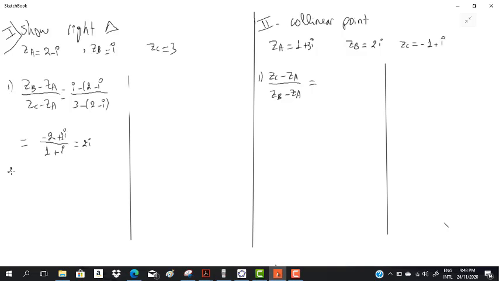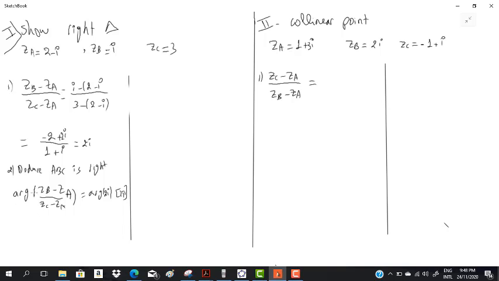If he says deduce the nature of the triangle ABC, or deduce that ABC is a right triangle, you should use the argument of (ZB minus ZA) over (ZC minus ZA), which equals the argument of 2i, of course modulus 2 pi.